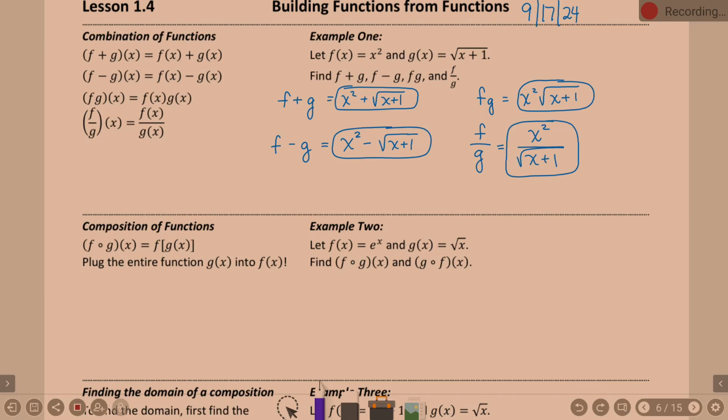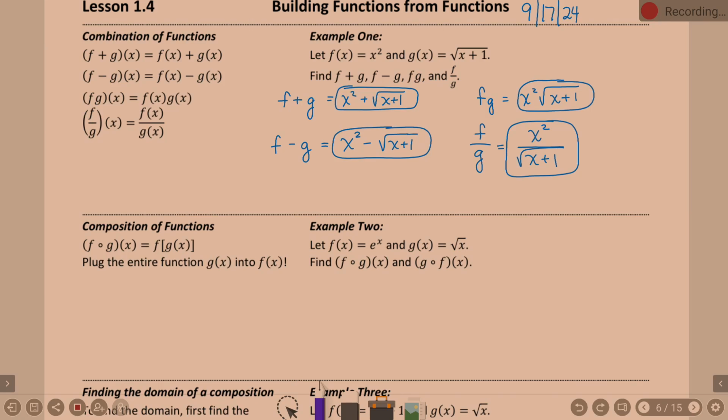This represents f composed with g of x, and by definition this means f of g of x, where g of x is on the inside and g is plugged into f. So you plug the entire inside function into the outside function.